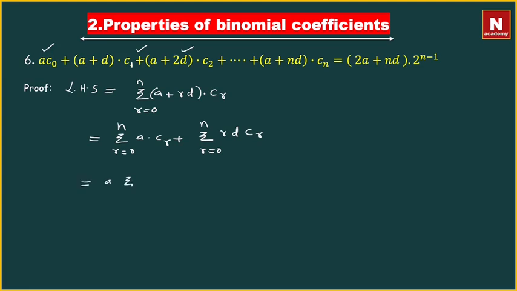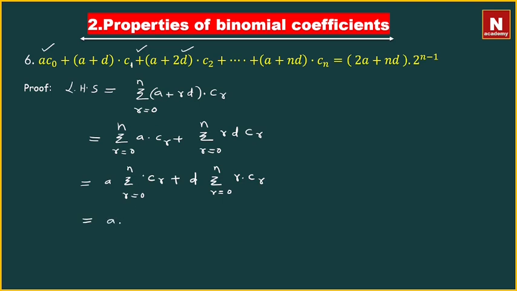A into sigma R equals 0 to n CR plus, we can write D outside the sigma, D into sigma R equals 0 to n RCR.